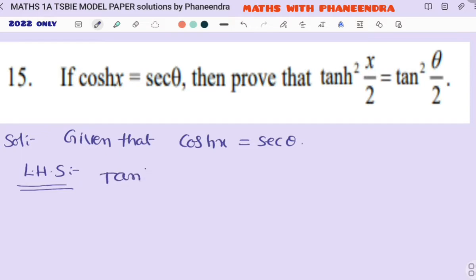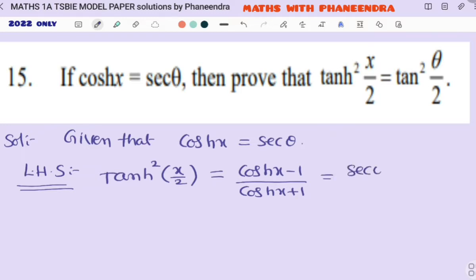Tan h square x by 2. So, the formula for tan h square x by 2 is cos hx minus 1 divided by cos hx plus 1. Cos hx value is given as what? Secant theta minus 1 by secant theta plus 1.